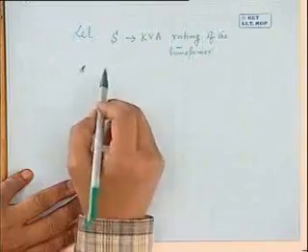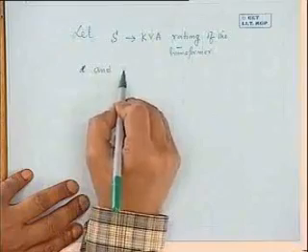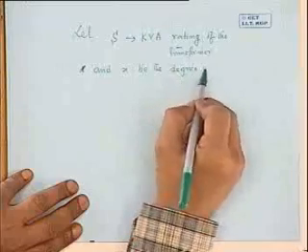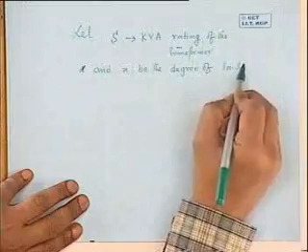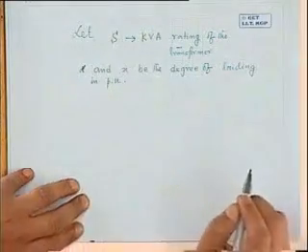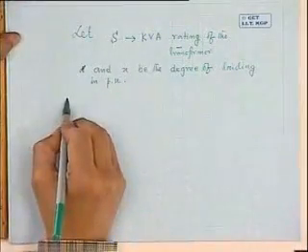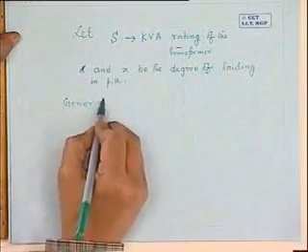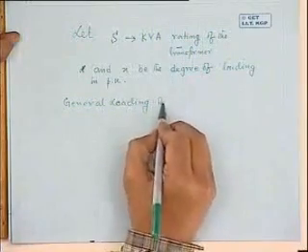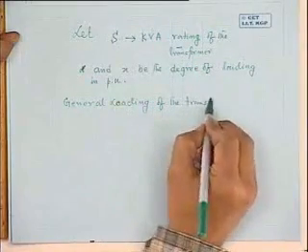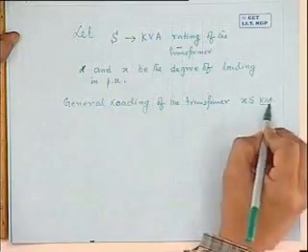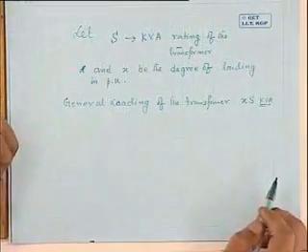Suppose I use a factor X. Let S be the kVA rating of the transformer, and X be the degree of loading, in per unit, such that the general loading of the transformer can be written as X into S kVA.